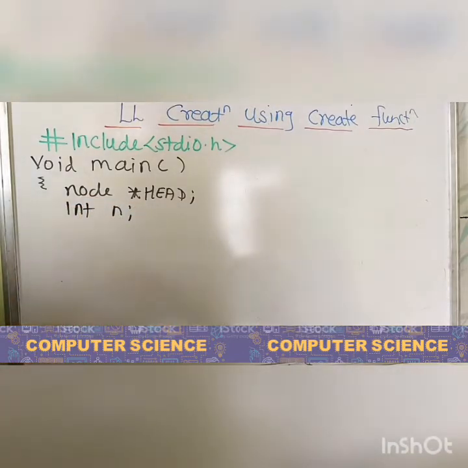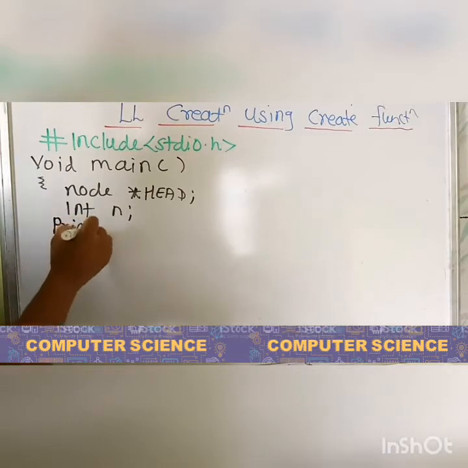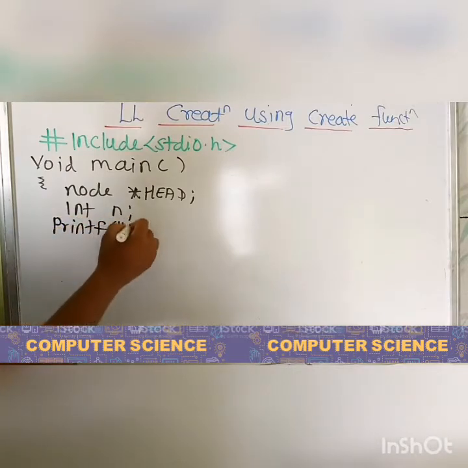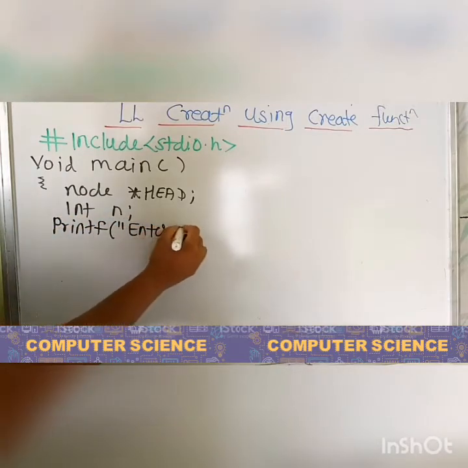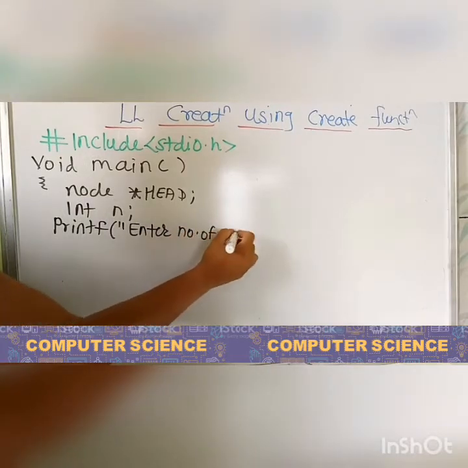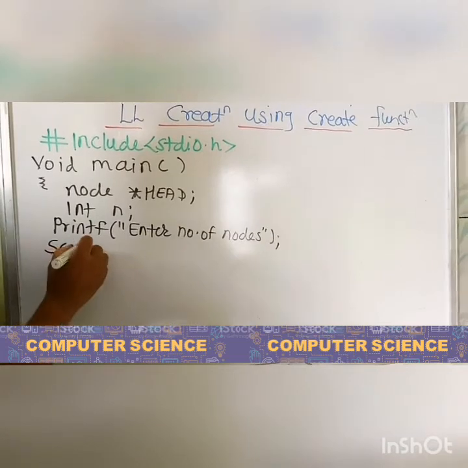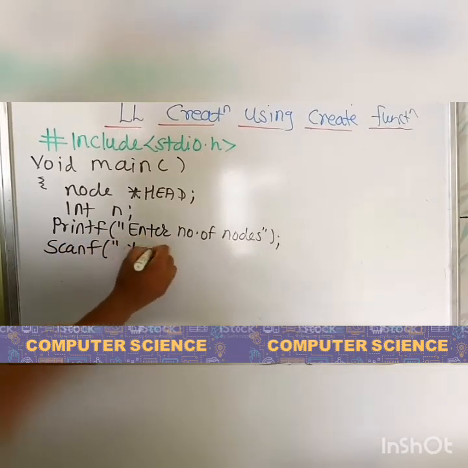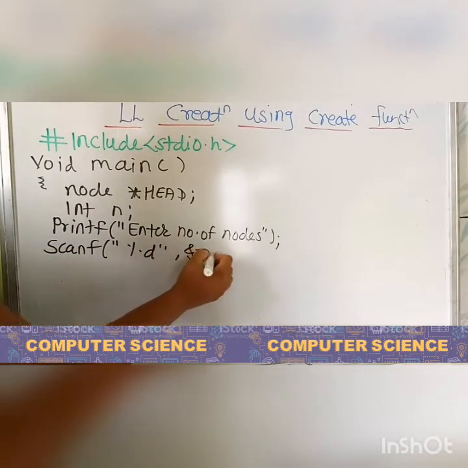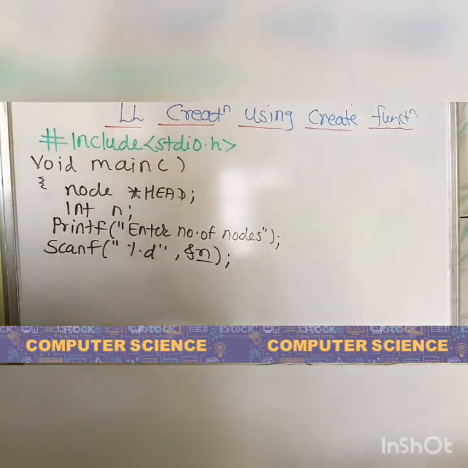First of all we ask the user for the number of items, means through printf, scanf mechanism, enter number of nodes. Then by scanf we will accept the number of nodes, means here we have received the number of nodes.